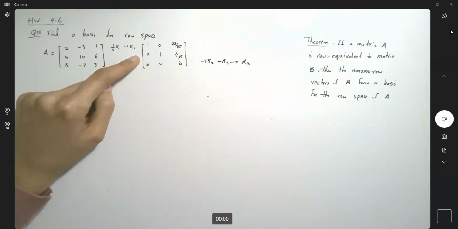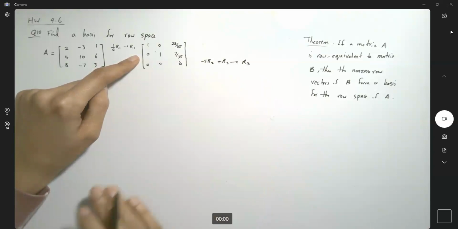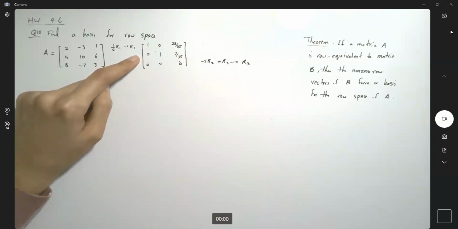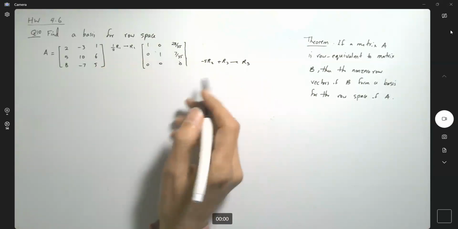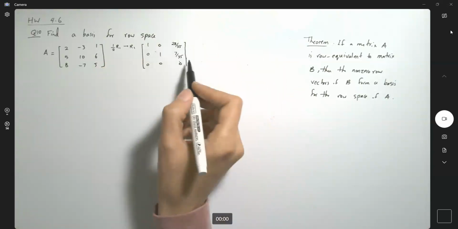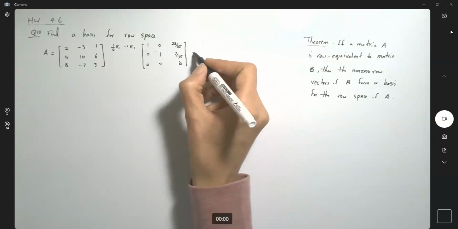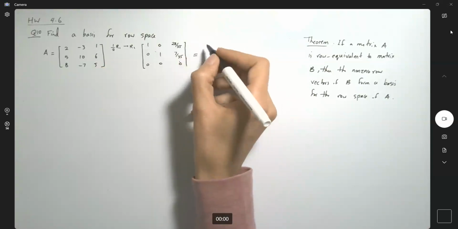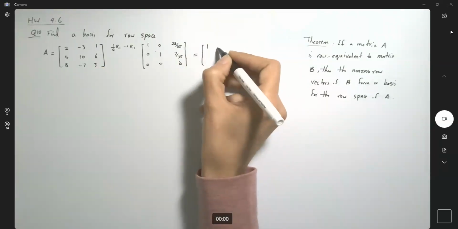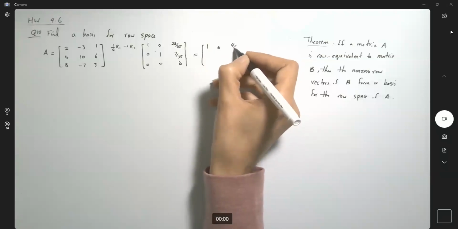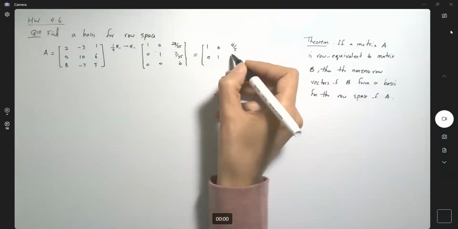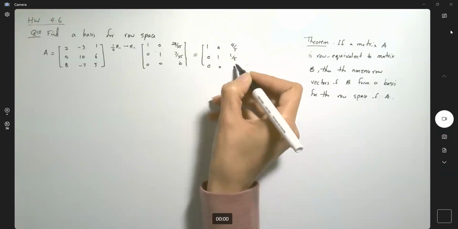So what does it tell us? Let's just simplify this as well. We have basically 2 non-zero rows. So this becomes 1, 0, 4 over 5, then 0, 1, 1 over 5, then 0, 0, 0.